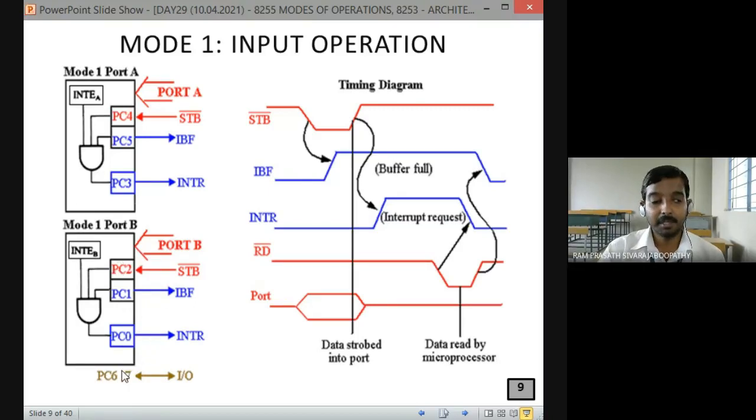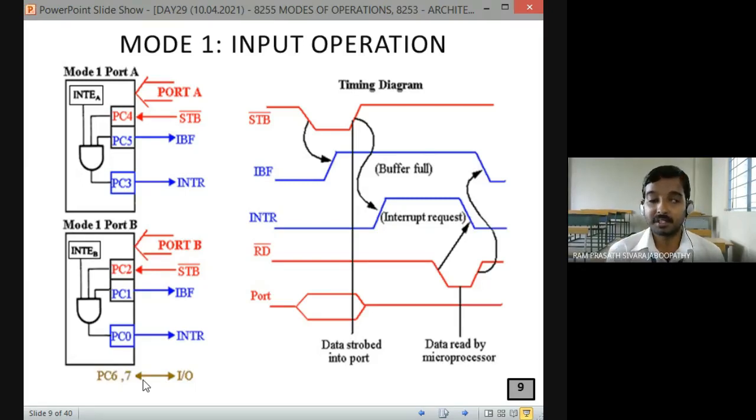The remaining two pins of port C can be used for IO data transfer. That means whenever you configure both port A and port B in mode 1, 6 pins of port C are used for handshaking purpose. The remaining two pins PC6 and PC7 can be used for IO data transfer. That's all about the mode 1 input operation.